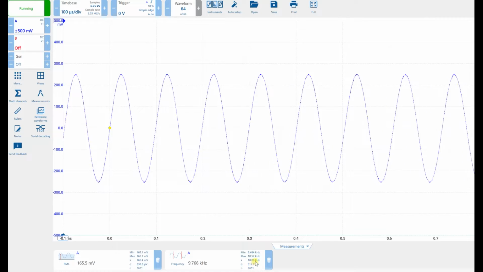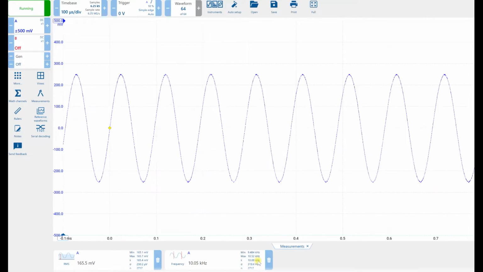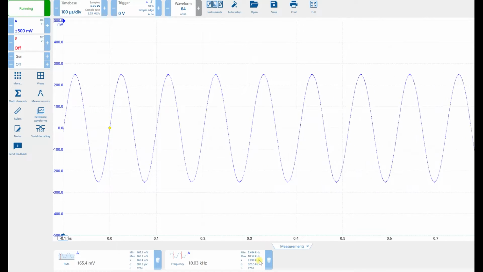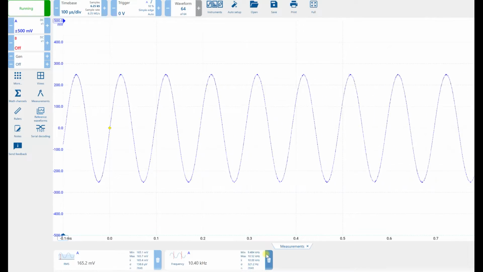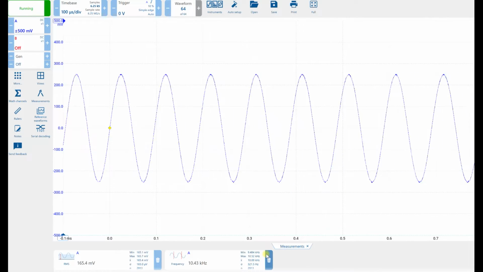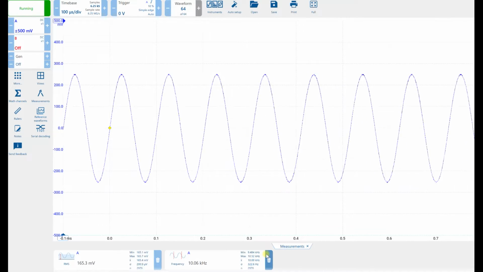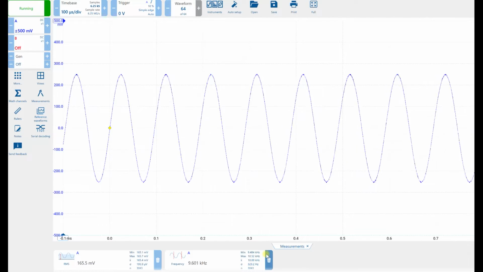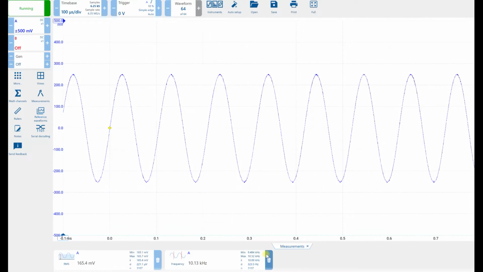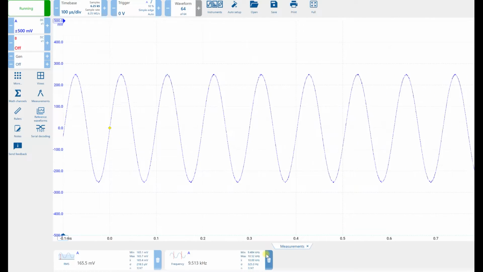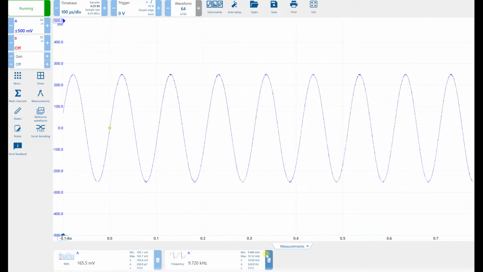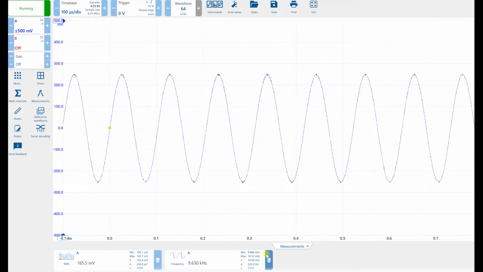And the center frequency, which is the average here, is the 10 kilohertz. So it's changing all the way down to 9.5 kilohertz, all the way up to 10.5 kilohertz as that FM frequency changes. And we've got it set for 400 hertz. All right. I hope this helps.